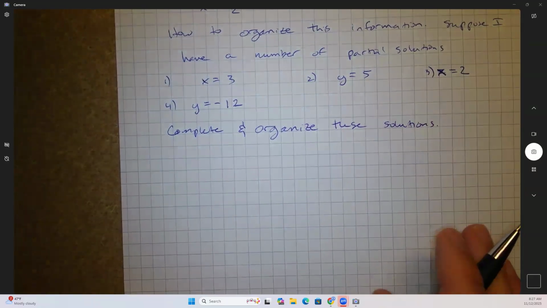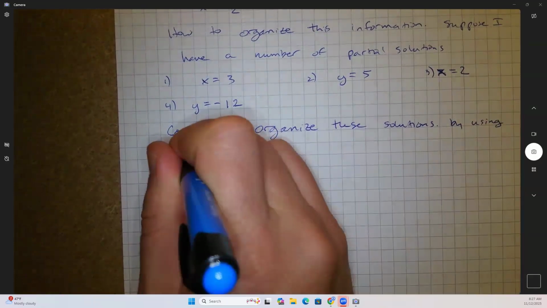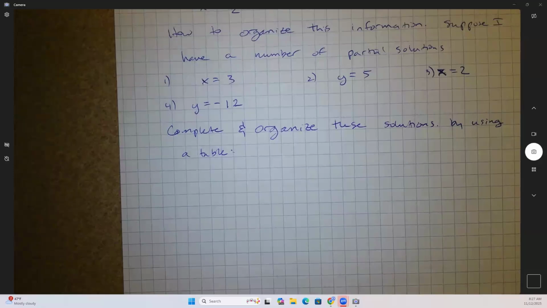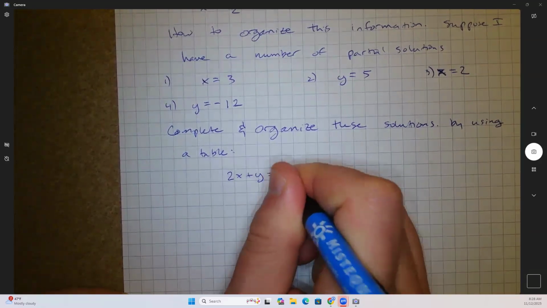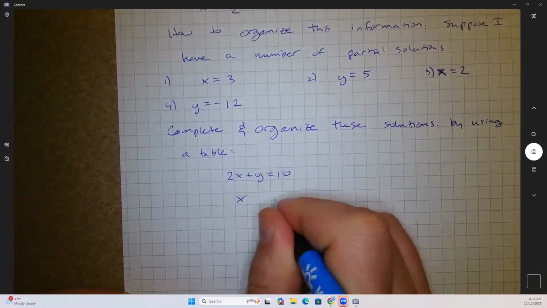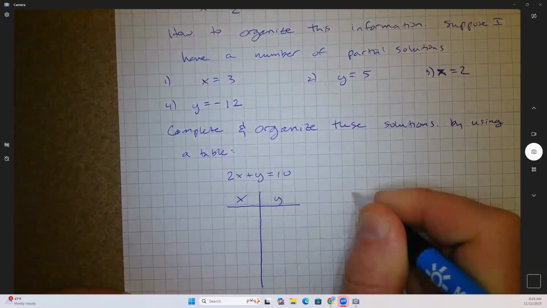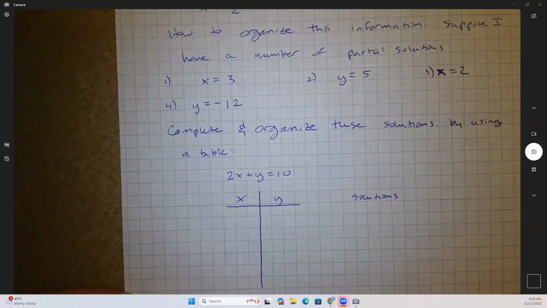And the easiest way to do that is by using a table. So I'm going to build a table that has my equation at the top and then has an x and a y, which are going to be my solutions.